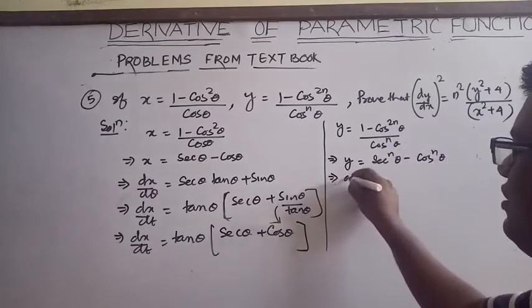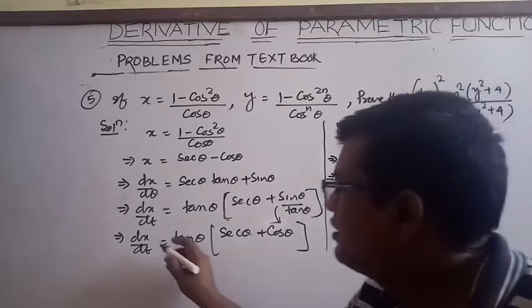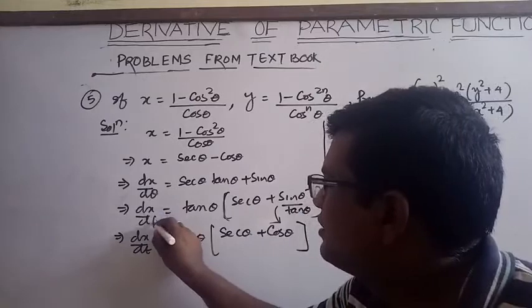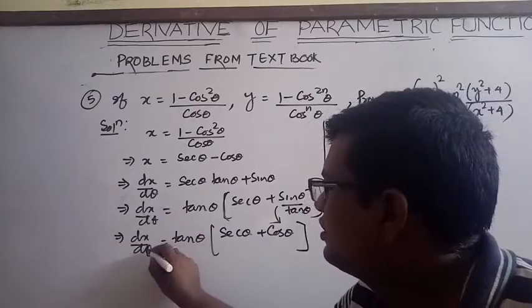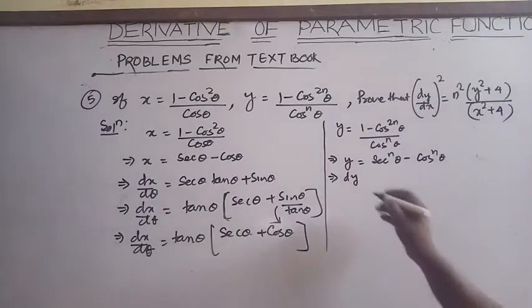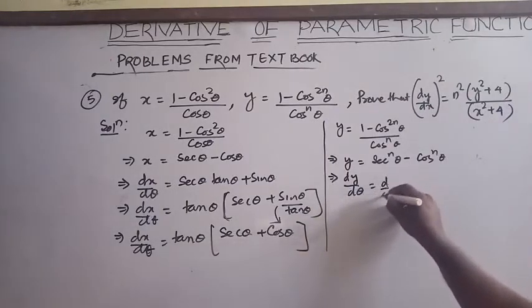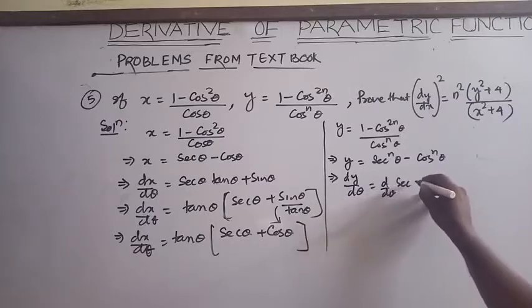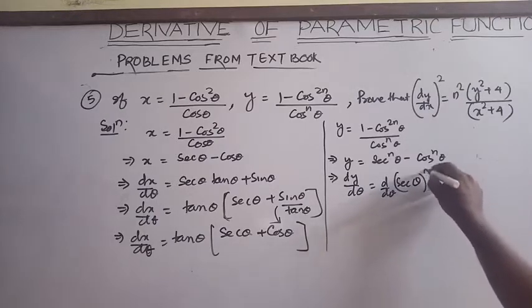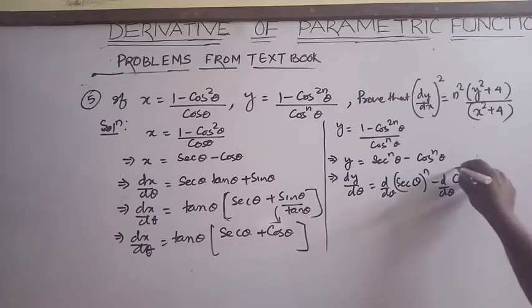That implies dy by d theta, not dt, this is theta and this is theta, okay, because it is a function of theta. So dy by d theta is equal to d by d theta of (sec theta) whole to the n minus d by d theta of (cos theta) whole to the n.